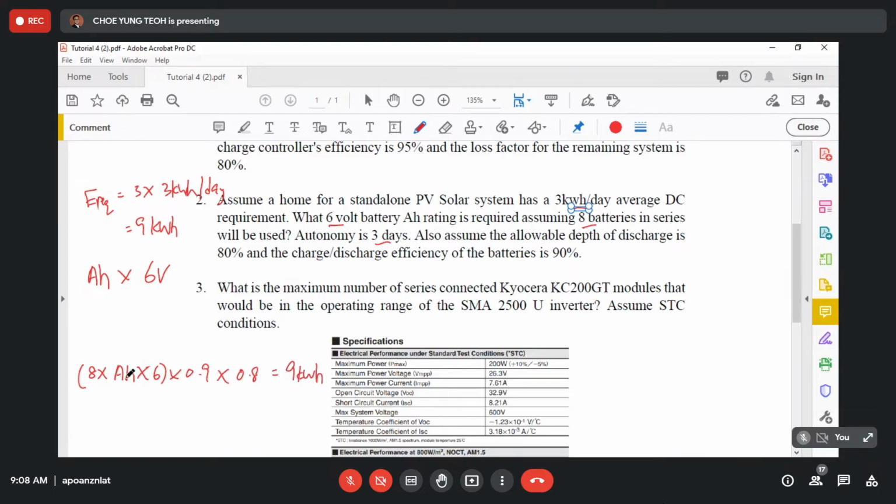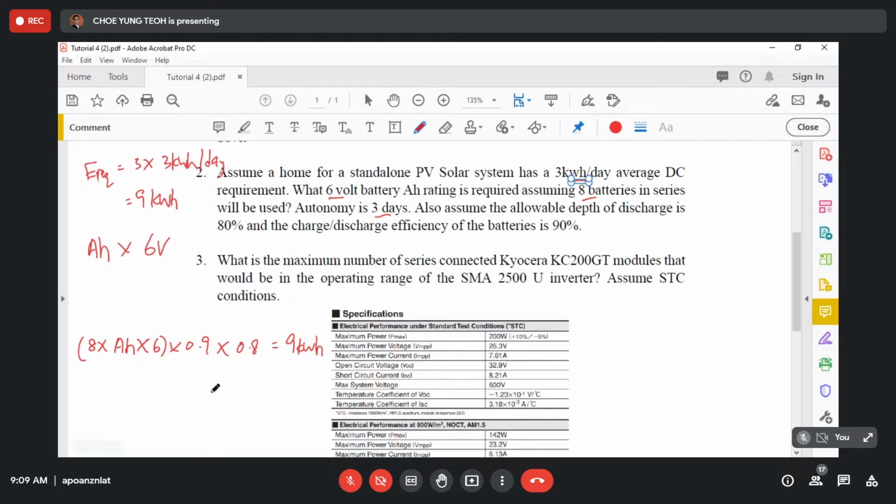And this must be equal to 9 kilowatt hour. So from here, we should be able to find the AH rating for the individual battery, with the 8 batteries in series. From here, you can calculate the AH rating that you need for a single battery.